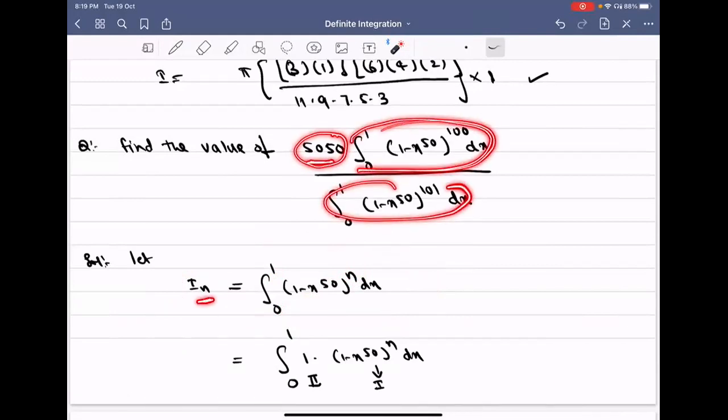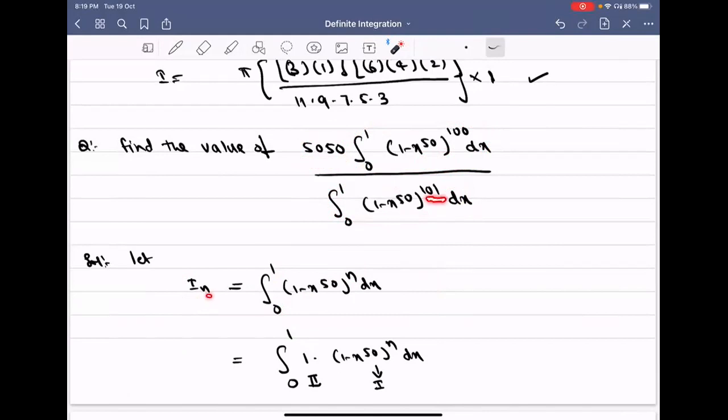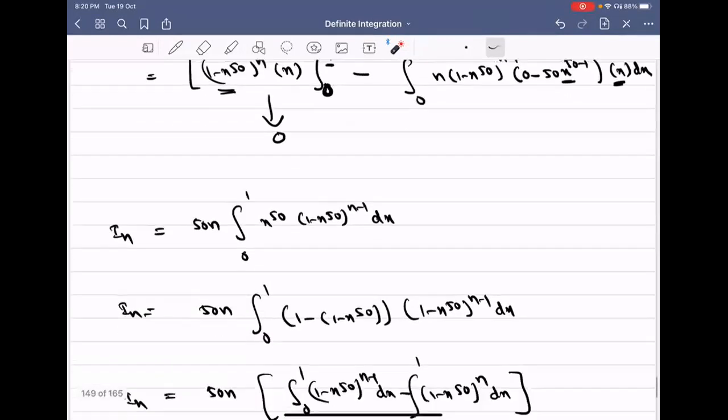If you replace n by 100, you will get I 100, and if you replace n with 101, you will get I 101. Therefore our requirement is 5050 into I 100 by I 101.